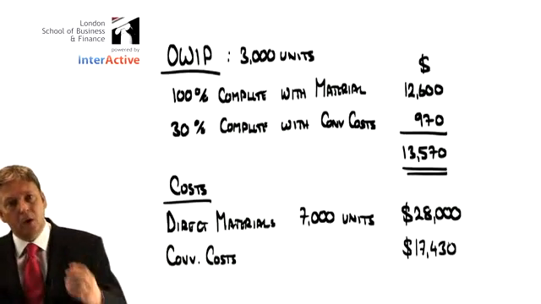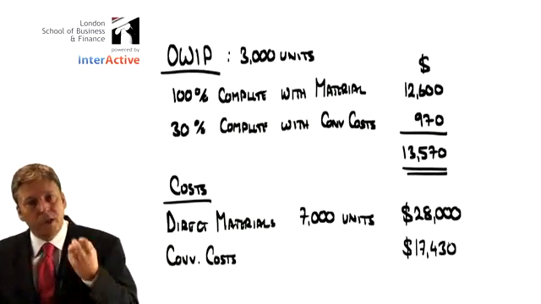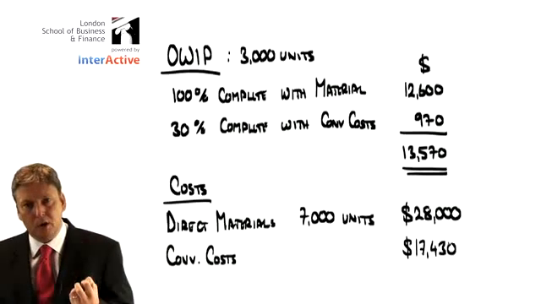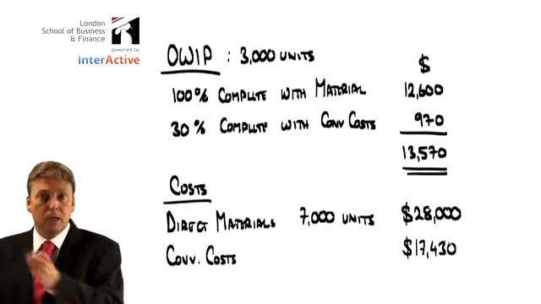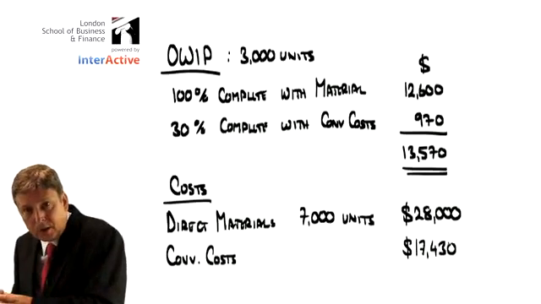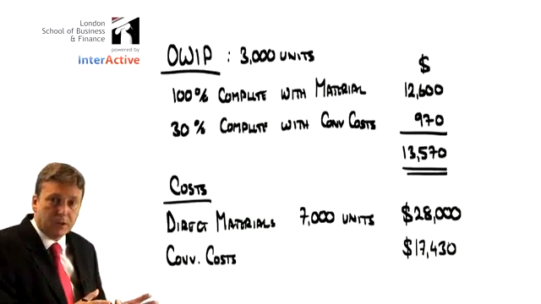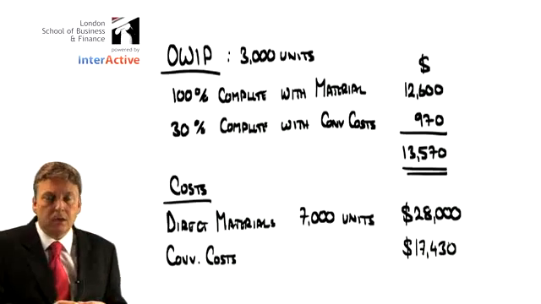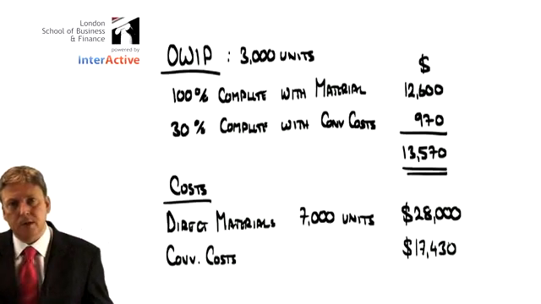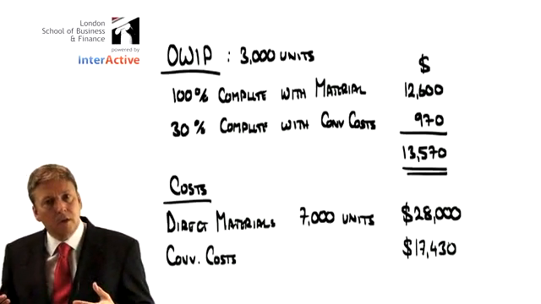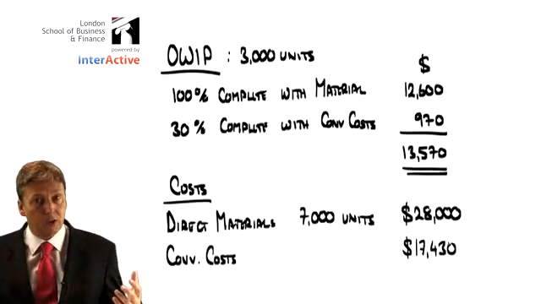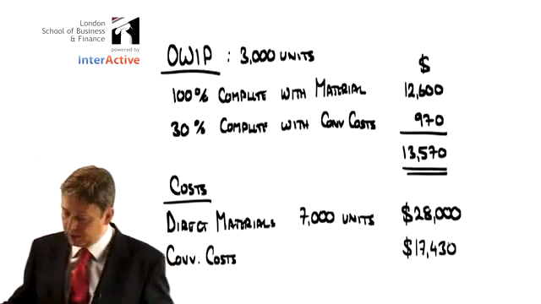Remember, of course, when we look at conversion costs, we do not have units associated with them. Conversion costs simply convert the material input in units into material output in units. So we have an opening work in progress. We have costs associated with the process and also our input in material units.